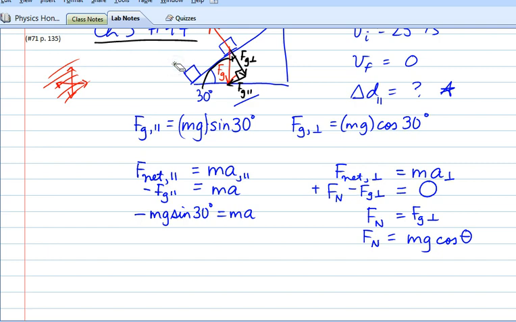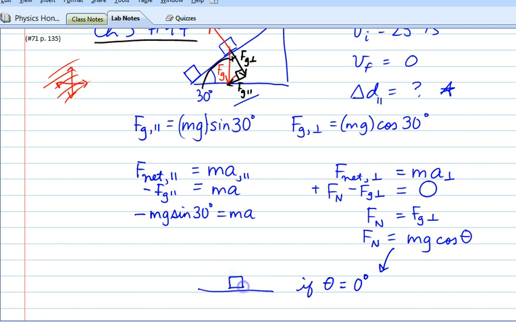But one thing we can see about this expression is if gravity and the normal force are the only things acting perpendicular to the incline, we get some weird things going on. For example, if the angle is 0 degrees, what would a 0 degree incline look like? That's right, it would be a flat surface.